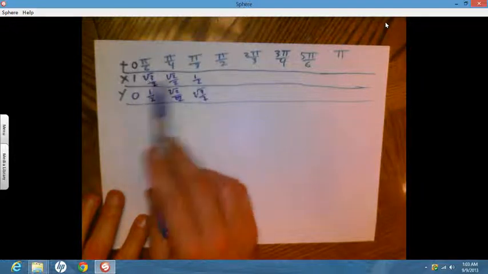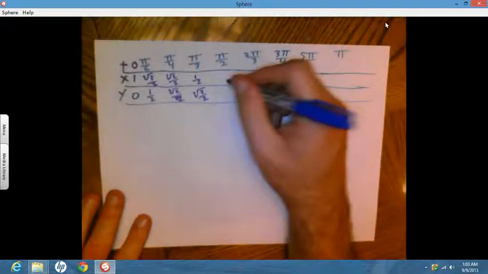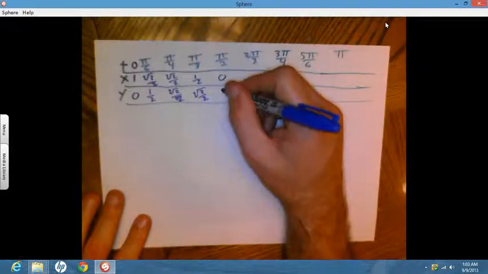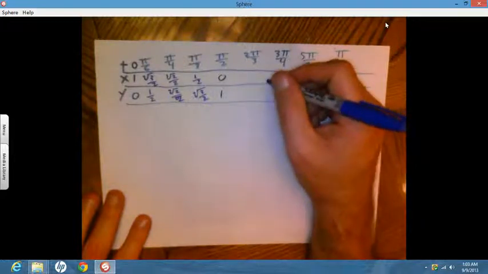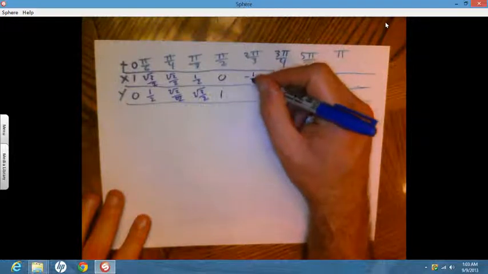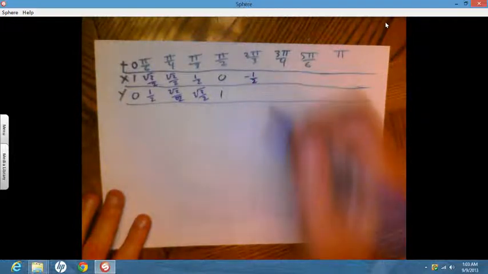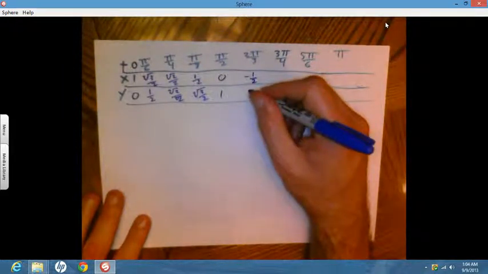At pi over 2, the x-coordinate is going to be 0 now, and the y-coordinate is going to be 1. At 2 pi over 3, we're going to have negative 1/2, because now we're in the second quadrant, and positive square root of 3 over 2. Notice how now we're going back in the opposite direction.